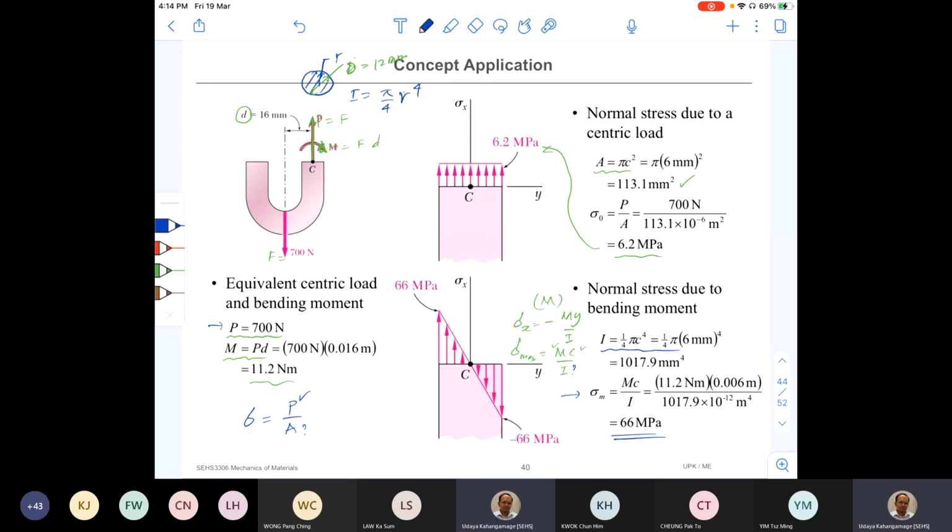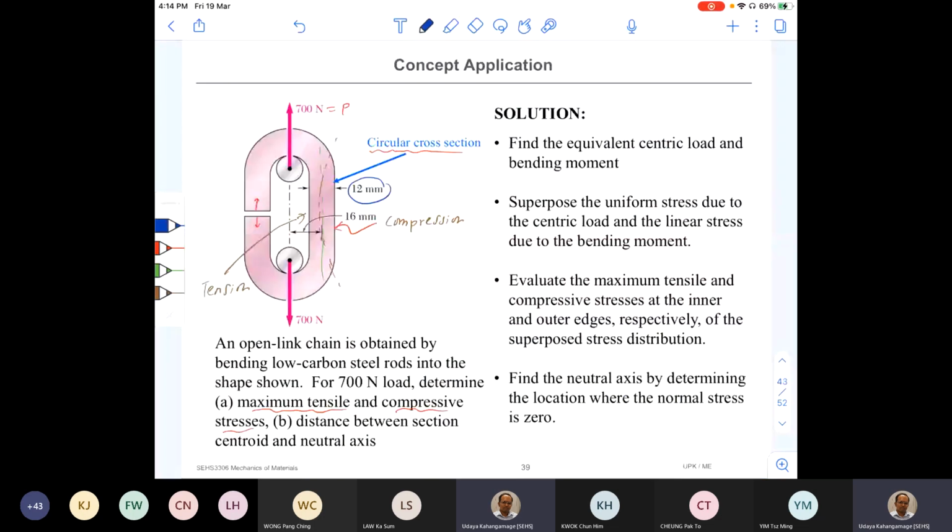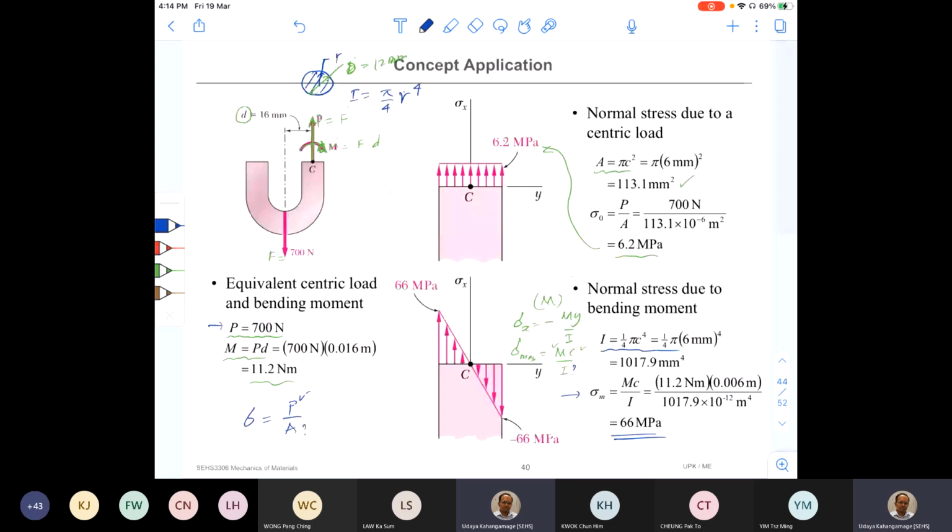Now this is the maximum stress. And previously we learned that inside it is tension, outside it is compression, right? The size of those compressive stresses and the tensile stresses are the same because it's a circular cross section, right?